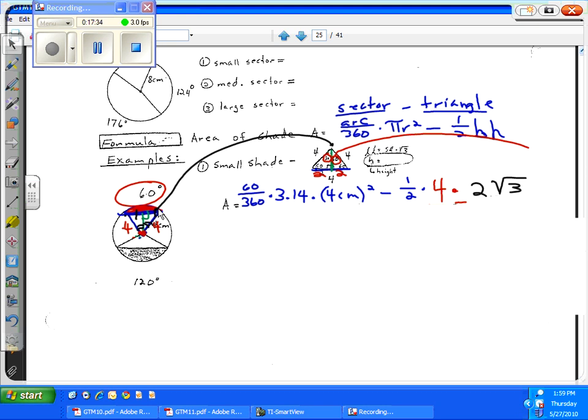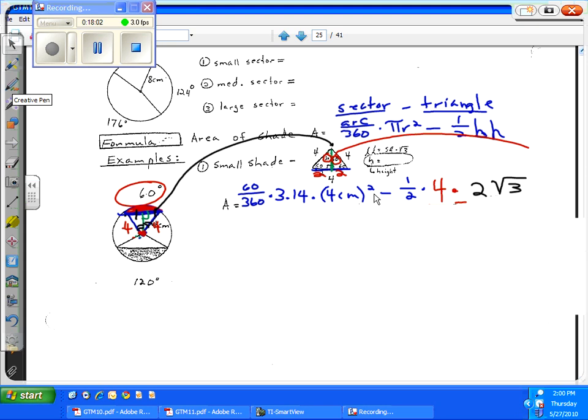Triangle is 1/2 base times height. I didn't know the base, blue. I didn't know the height, green. But I knew if this arc is 60, that angle is 60. And that's the vertex angle bisector, so those are 30 and 30. So I flipped it over on its bottom. We used the 30-60-90 triangle formulas to find the base and height. We plug them in, and now we can find the area.